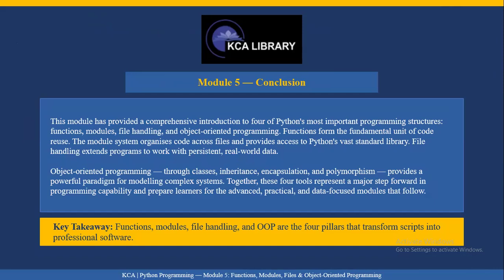File handling extends programs to work with persistent real-world data, and object-oriented programming through classes, inheritance, encapsulation, and polymorphism equips learners with a powerful paradigm for modeling complex systems. Together, these four tools represent a significant step forward in programming capability and prepare you well for the advanced practical and data courses ahead.